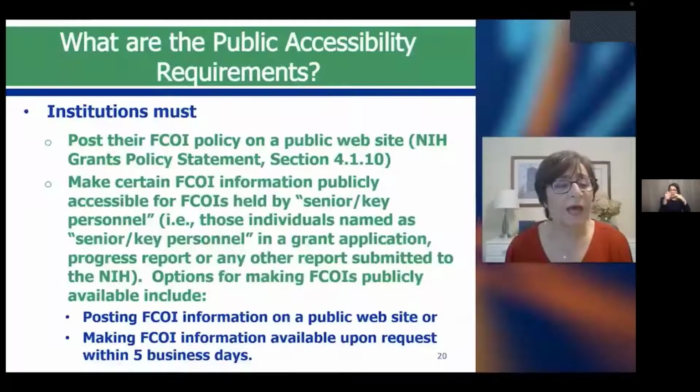So if you had 3 people working on the grant and 2 people are identified as senior key personnel, and you had 3 FCOIs identified for each person, you would only need to provide the FCOI information for those people who are indicated in the grant application as senior key personnel. And that information is made publicly accessible by either posting the information on a public website or making the information available upon request.